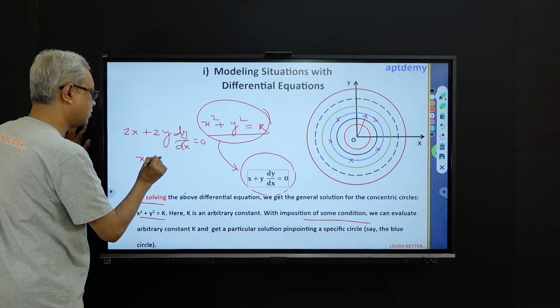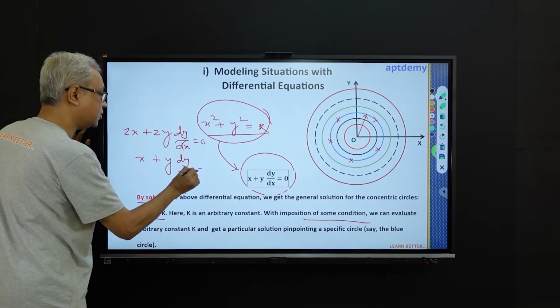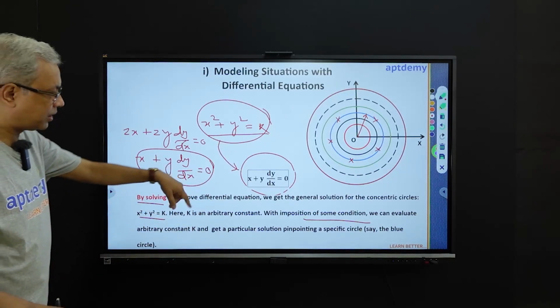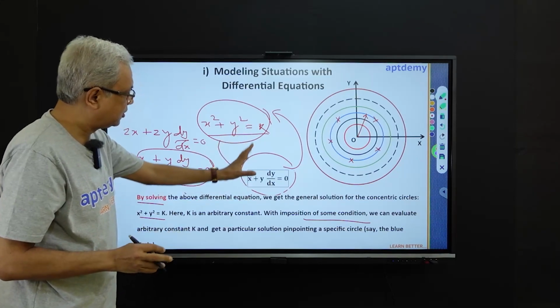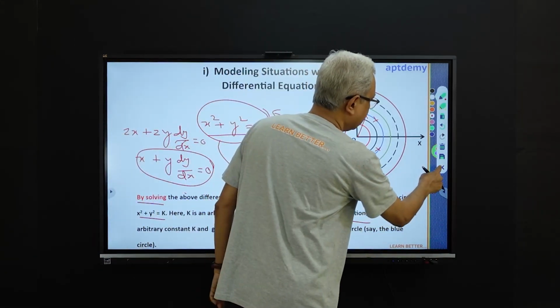Therefore, x plus y dy dx is 0, which is this equation. But how to get this equation from that is not yet known to us.